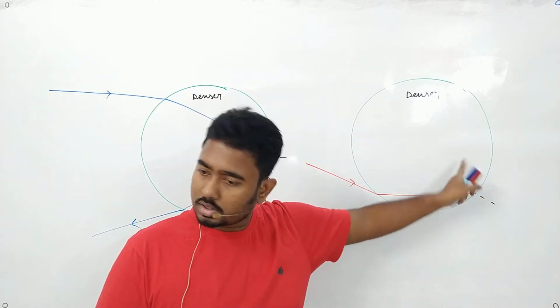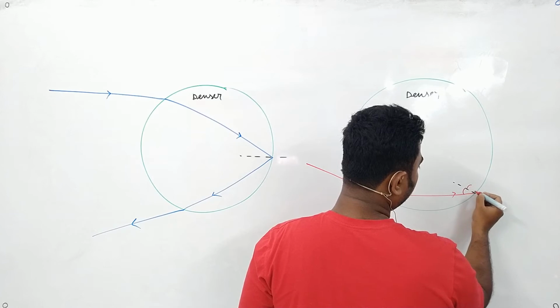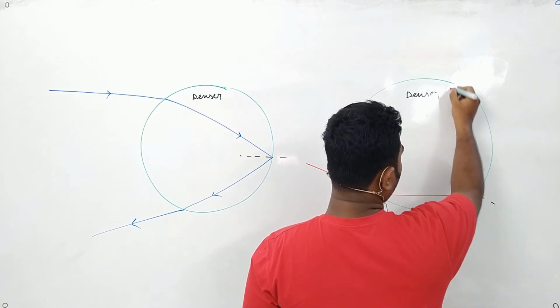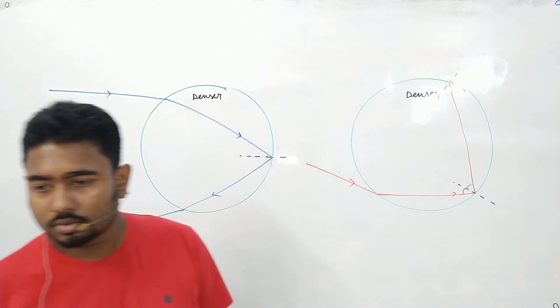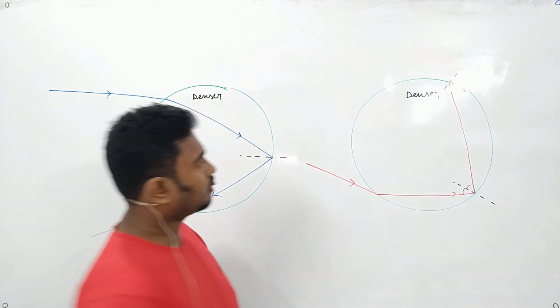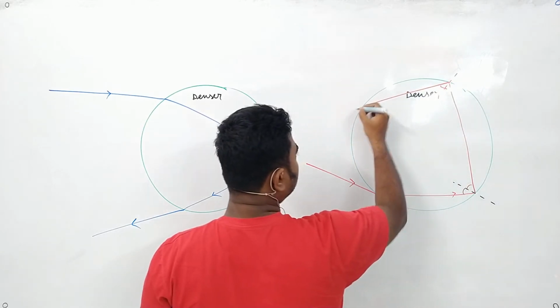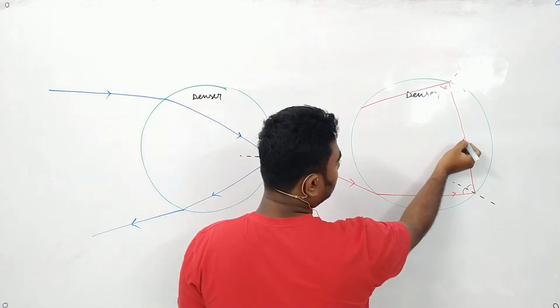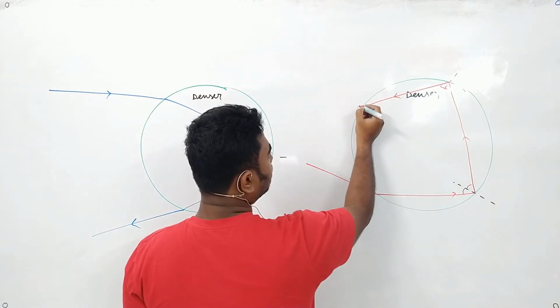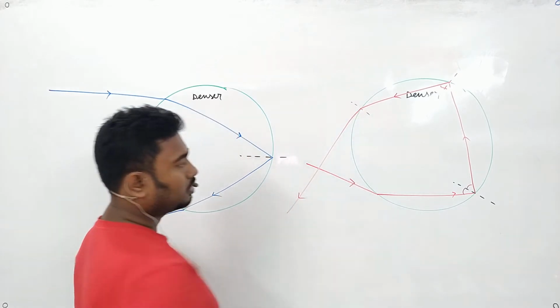So total internal reflection will occur, and it will make the same angle, so it will go somewhere like this. Again, is there a possibility that total internal reflection will occur? That means it will make the same angle again and come here. Then if I draw a normal, it will go out of here. Do you see that?